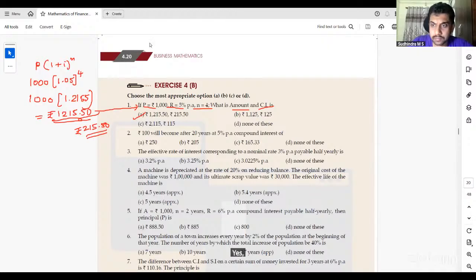Yes, Vikram correct. Yes, Prajit correct. Yes, Arpita Hegde correct. Chinmay K, yes, correct.